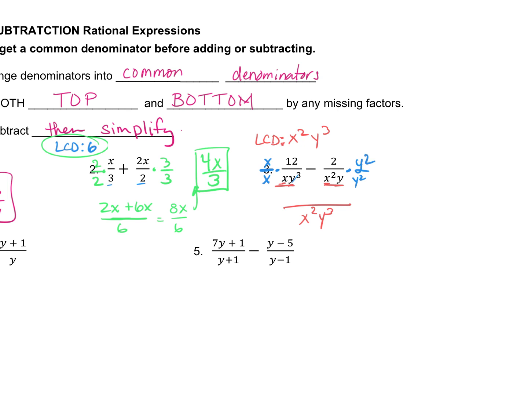So the numerator is 12x minus 2y squared. And we're always going to simplify, so you're going to factor it out. You may think nothing is going to happen, but we're always going to do that no matter what. So in the numerator, I can factor out a 2, and I wind up with 6x minus y squared divided by x squared y cubed. Nothing more I can do, but we're going to simplify it as far as we can go.